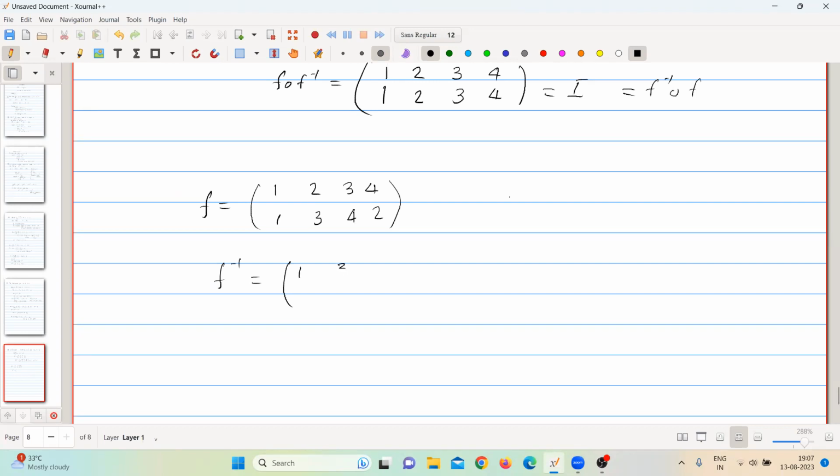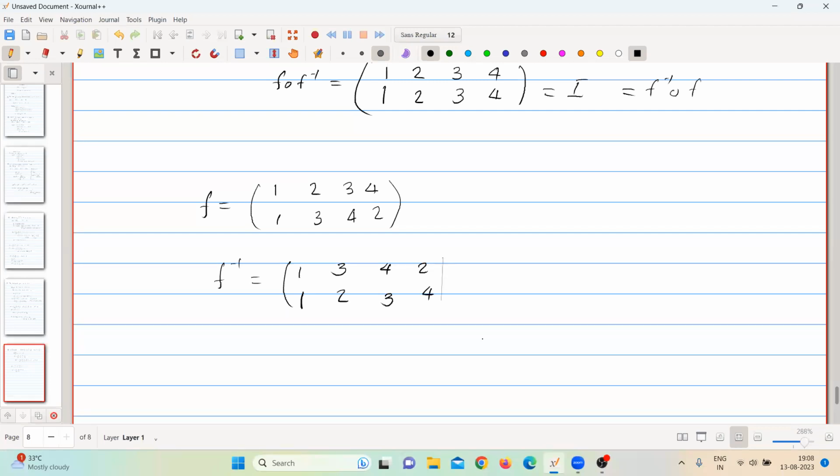So basically what we are doing in the process of inverse, whatever the domain will change to codomain and codomain will change to domain, right? So here, this is our codomain or range. It will change to the domain. So 1, 3, 4, 2. And then what are all the inverse images of that? That will be the map under f inverse, right? 1 going to 1, 3 to 2, 4 to 3, 2 to 4.